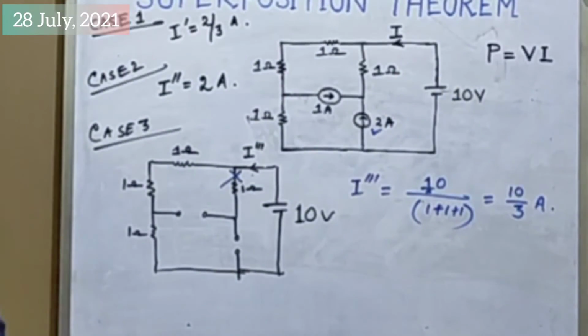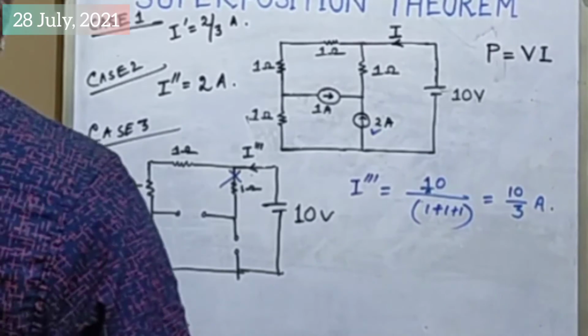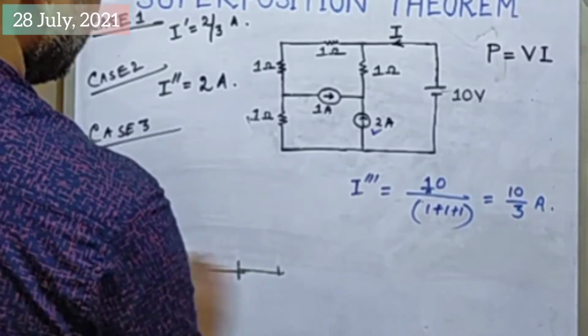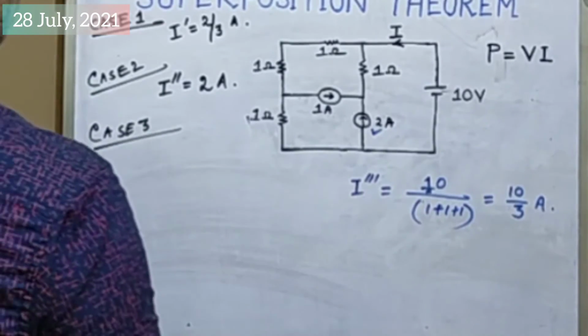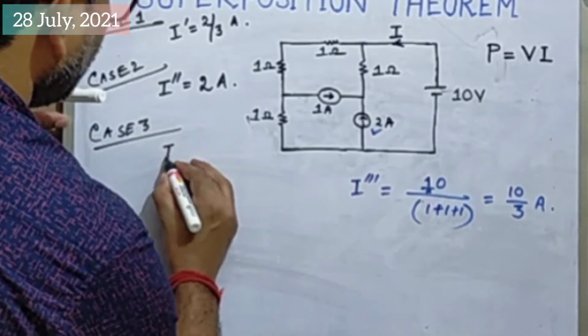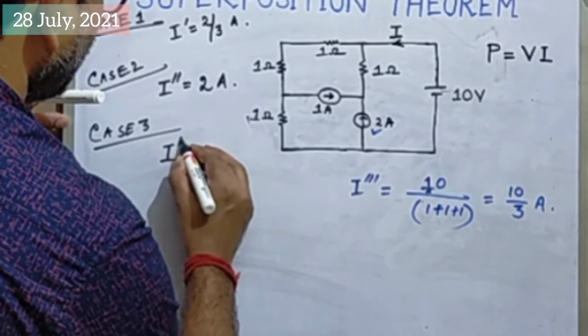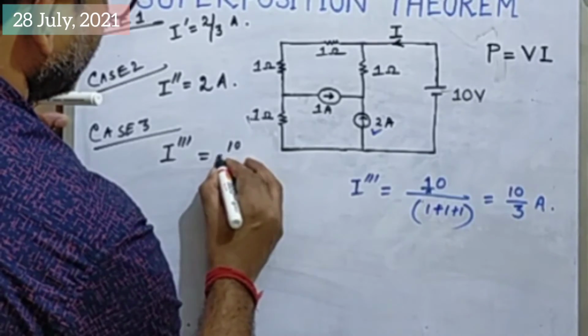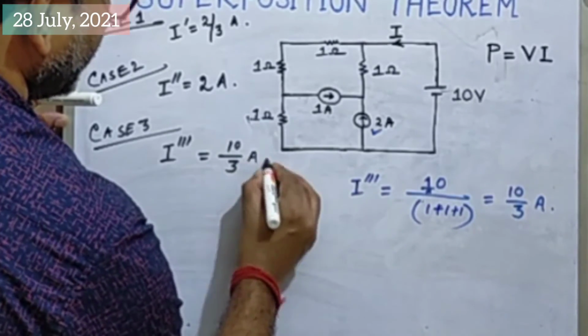So in this manner we can find the current. In case 3 we have got the value for I triple dash, that is 10 by 3 ampere.